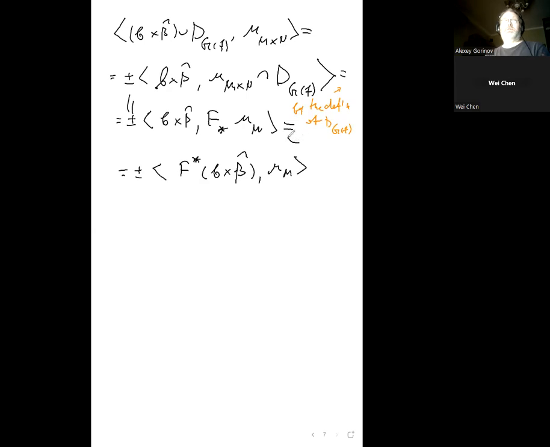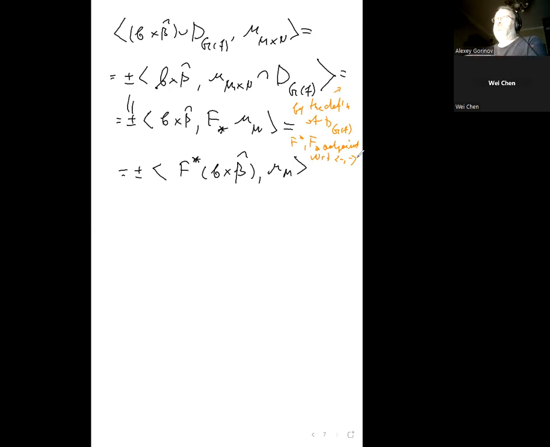So the next equality follows from the fact that F lower star and F upper star are the adjoints of one another.